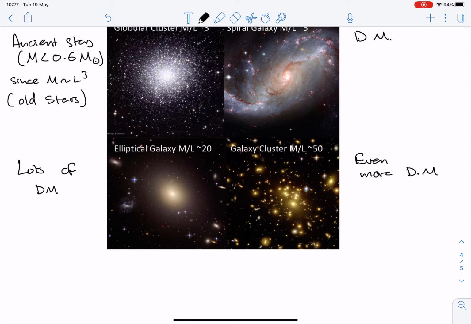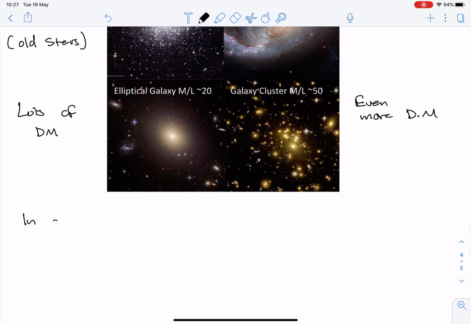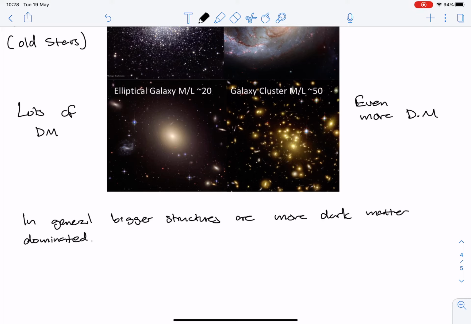So there really is an awful lot of dark matter which exists in larger and larger structures. In general, bigger structures are progressively more dark matter dominated. And that tells you something about how dark matter might behave.